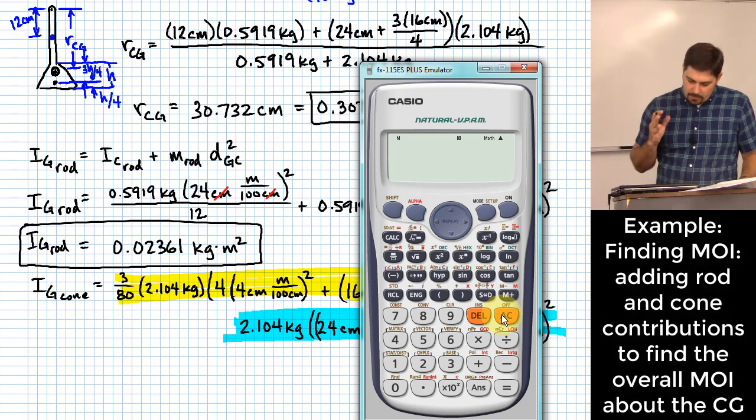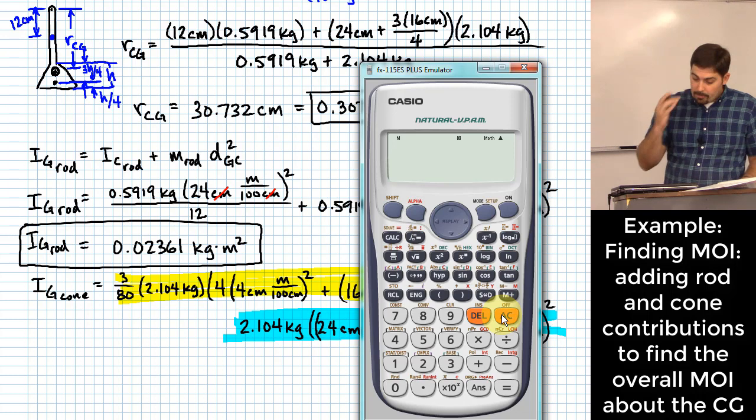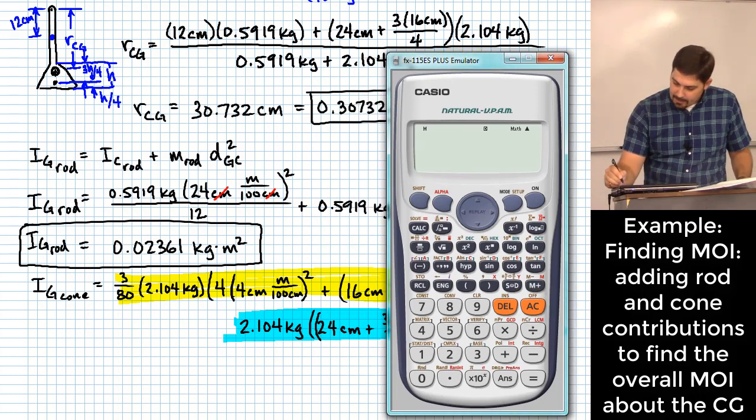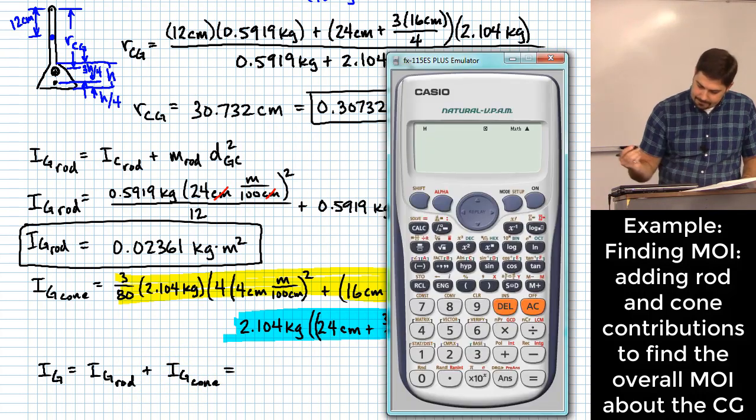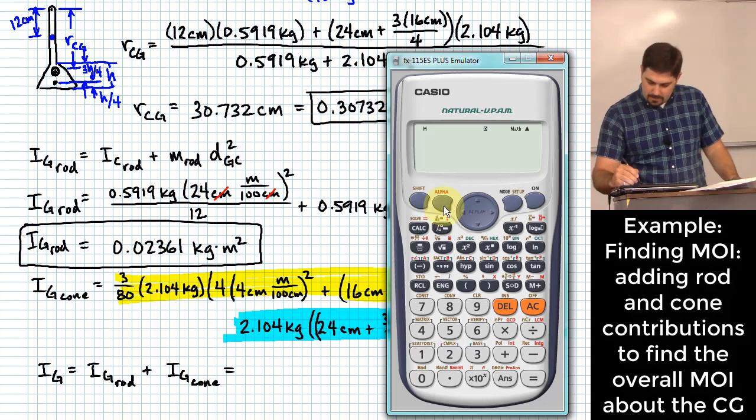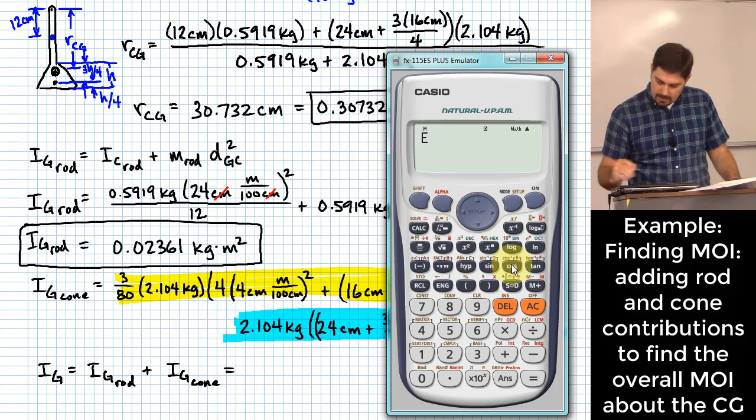All right, so what do I do to figure out what my overall moment of inertia is about the center of gravity of the whole shape? I'll call that just I sub g without any other modifiers. Well, all I have to do is get Ig of the rod plus Ig of the cone. Okay, so I think I had that in E, and to that I must add 0.02361.